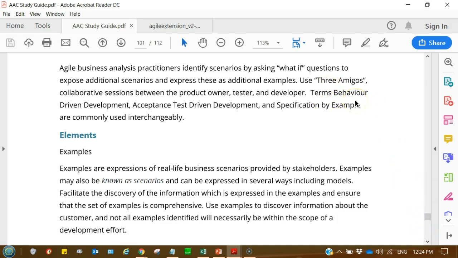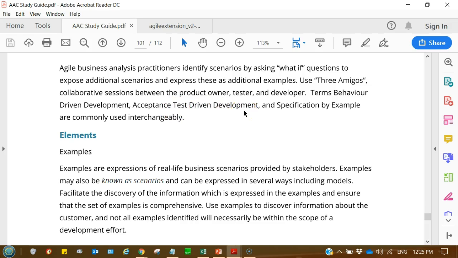They cite here the fact that behavior-driven development is really acceptance test-driven development, which is just slightly a little different from test-driven development. Test-driven development can be based on technical kinds of things.